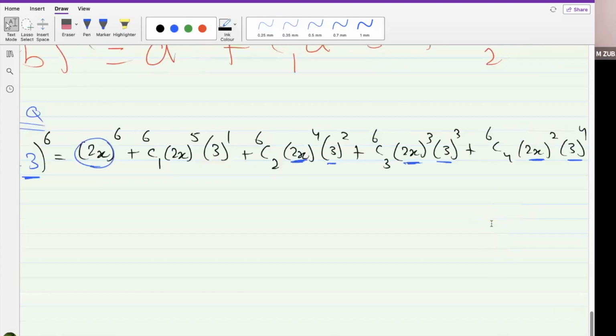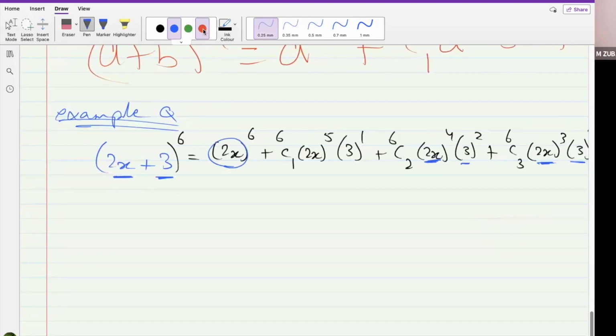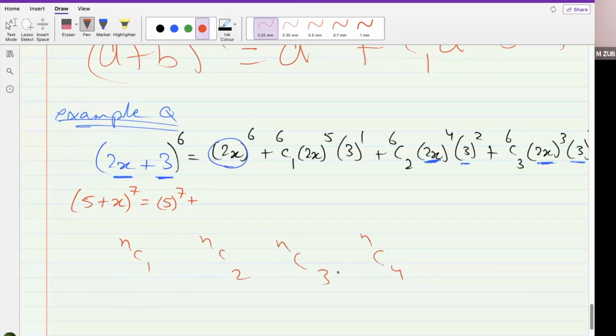Before I use the calculator, let me write a few more so you get comfortable with these. Let's use 5 here: (5 + x)^7. So it will be the first number to power 7, plus nC1, then nC2, then nC3, then nC4, okay?